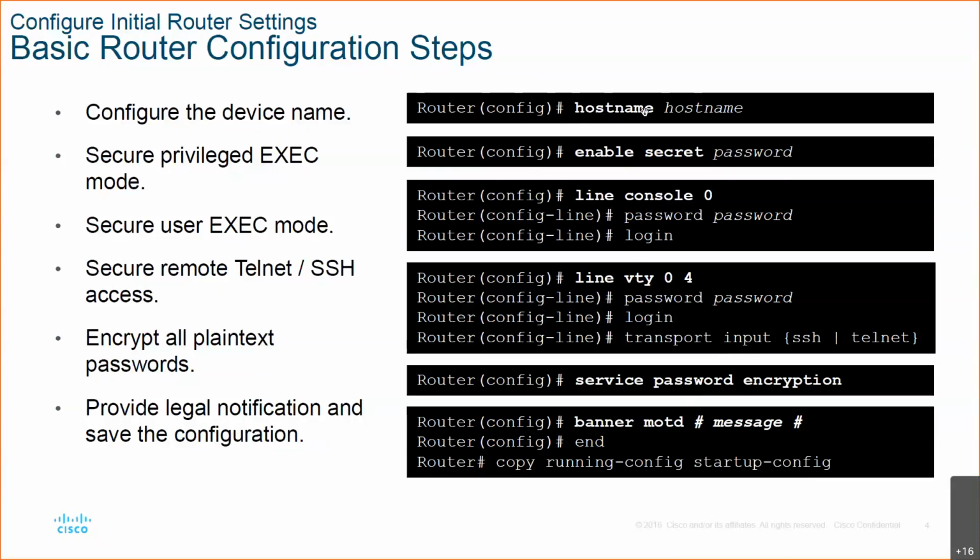You can give a privilege exec mode password by saying enable secret password, very much like a switch. Okay. You can give a user exec mode password, that means when your router is switched on, you can give a password for that as well. Line console 0, password, and login.